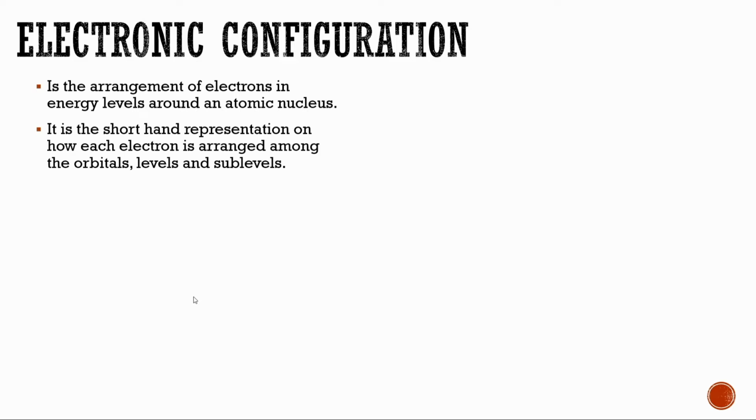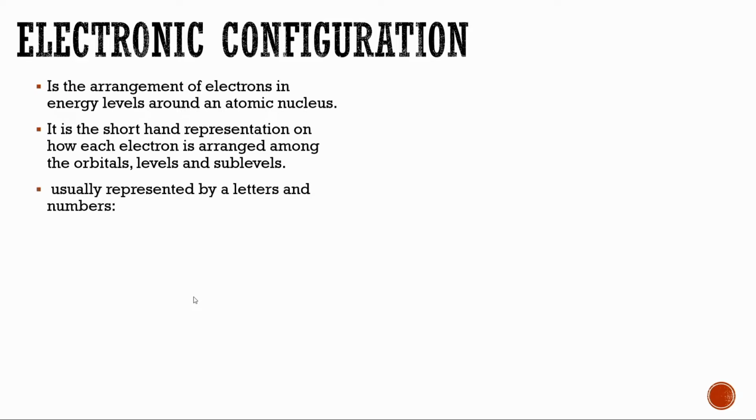Next, electronic configuration is the shorthand representation on how each electron is arranged among the orbitals, levels, and sub-levels. So meaning to say, gamit po ang electronic configuration, maire-represent natin ng maayos ang arrangement ng electrons sa kanilang orbitals depende sa kanilang level at sub-level.